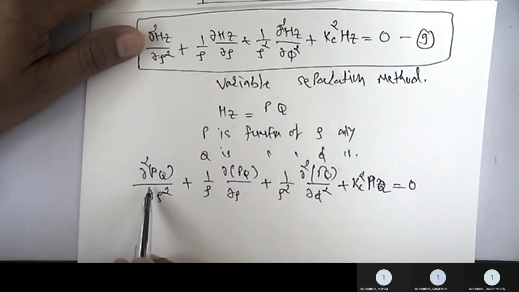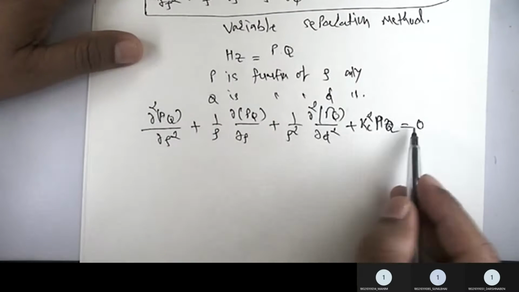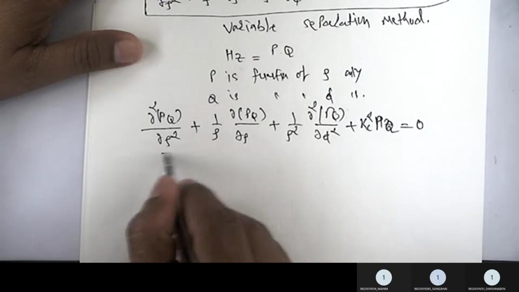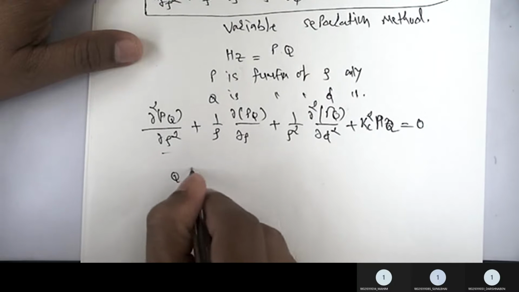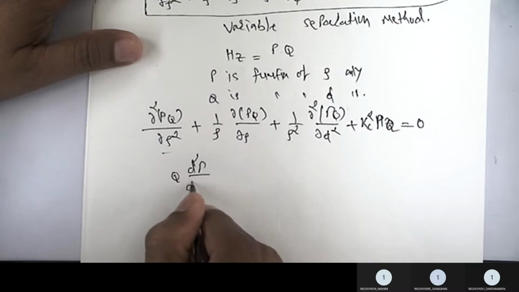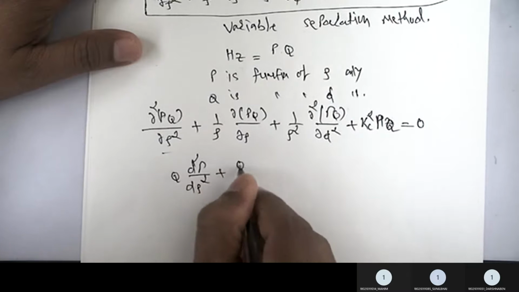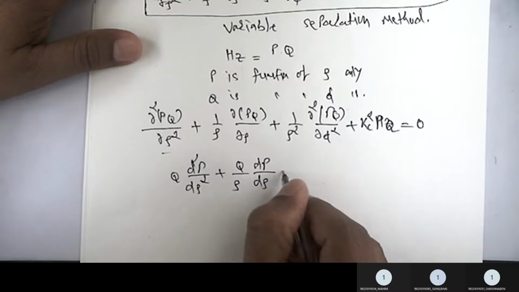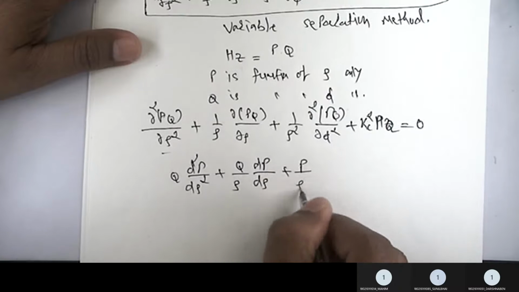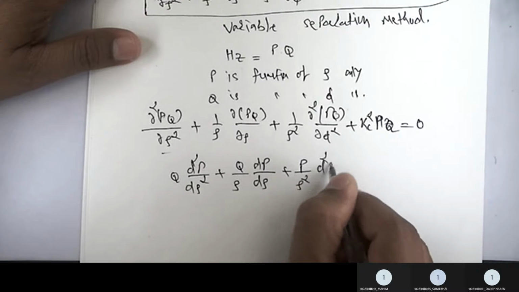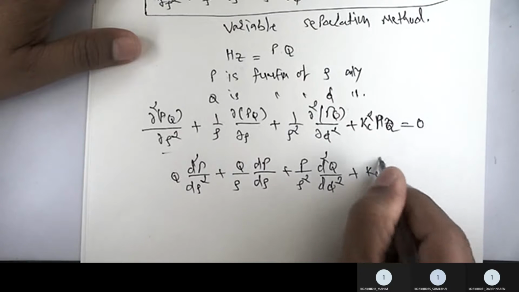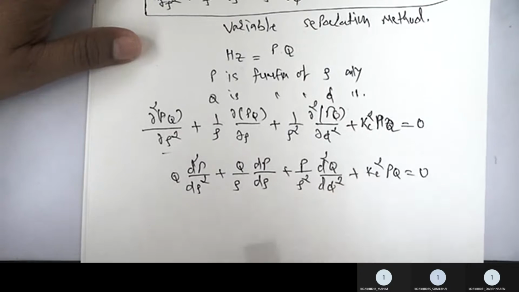Now if I solve this part, or rather, if you try to solve this part, I can write the same expression as q d square p by d rho square plus q by rho dp by d rho plus p by rho square d square q by d phi square, and that is equal to k c square pq, which is equal to 0.